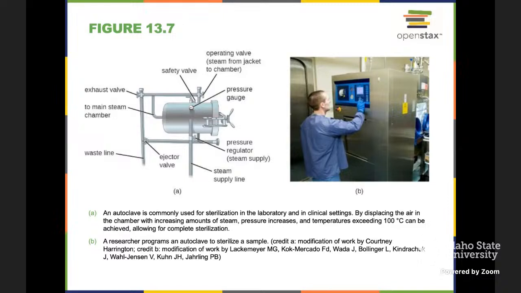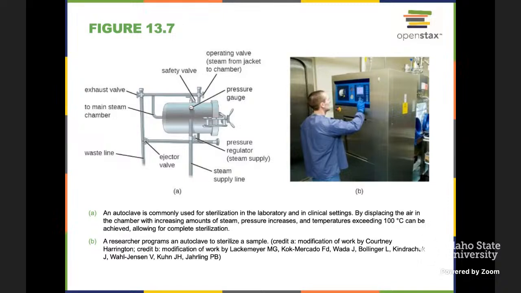It's still 121 degrees Celsius, but the time is increased from 15 to 25 minutes to give it a little extra time to ensure that it's truly done its job. 15 minutes could potentially be successful, but almost doubling it gives a little more reassurance that if there were spore forming organisms in there, we actually did our job.